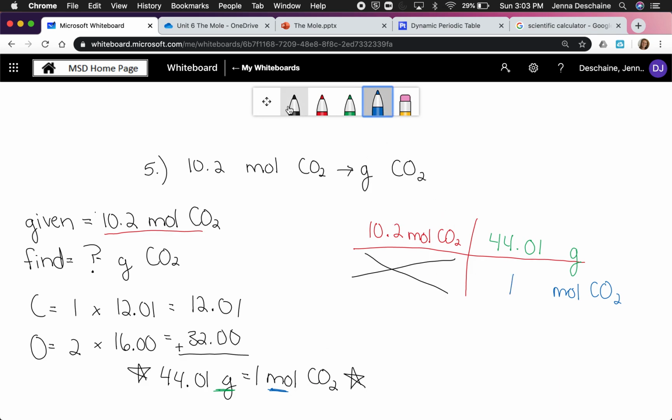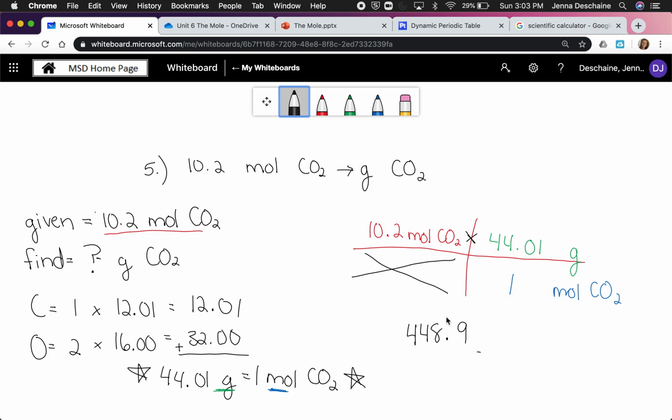So I need to multiply these top boxes right here. So if I do 10.2 times 44.01, I get 448.9.